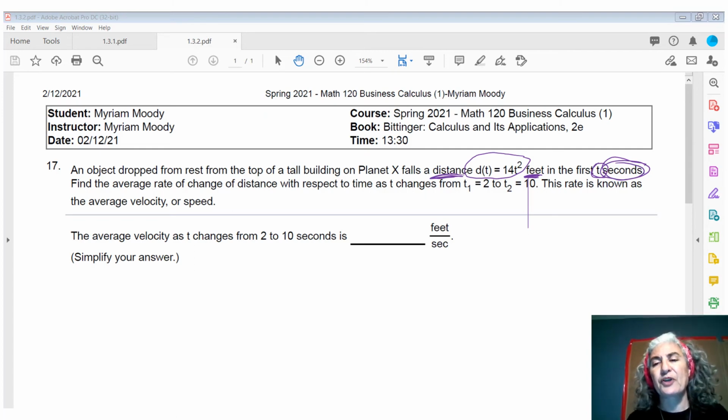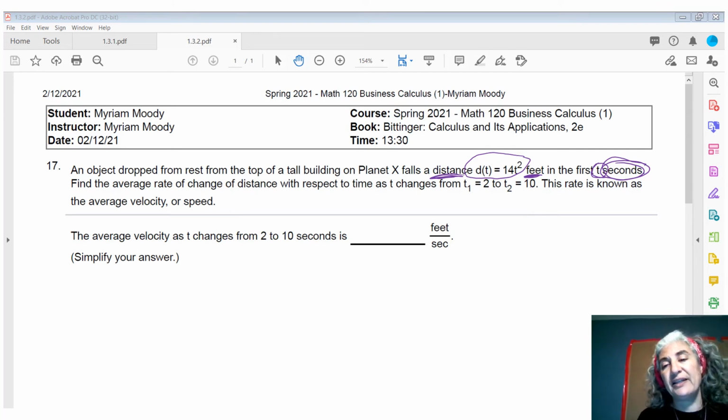Okay, so now they want us to find the average rate of change of the distance with respect to the time as it changes from 2 seconds to 10 seconds, right? This is known as the average velocity or speed.